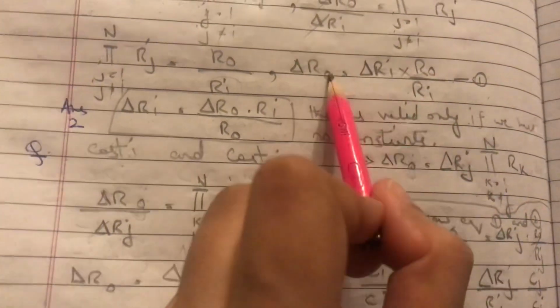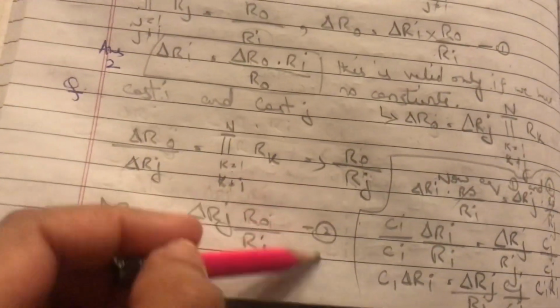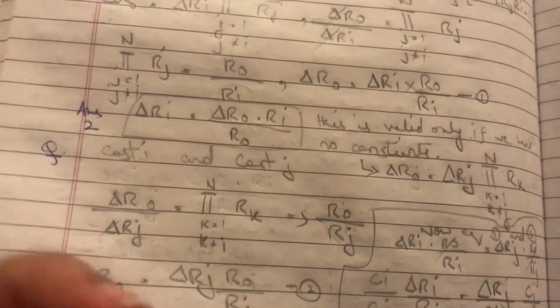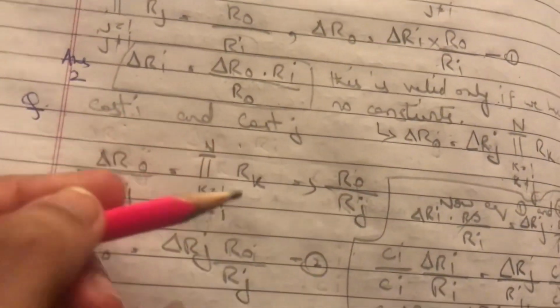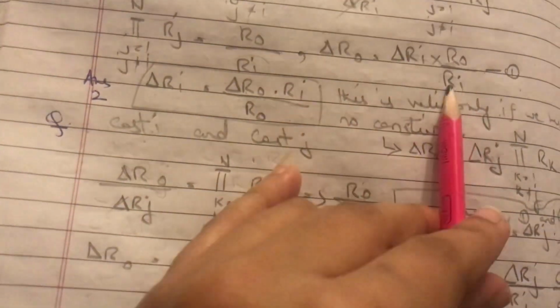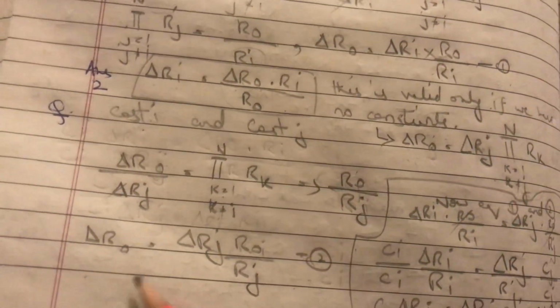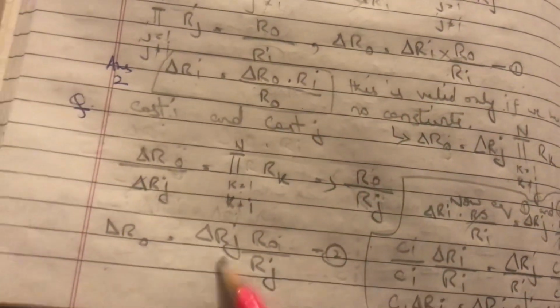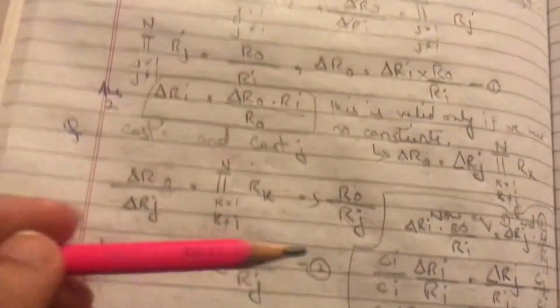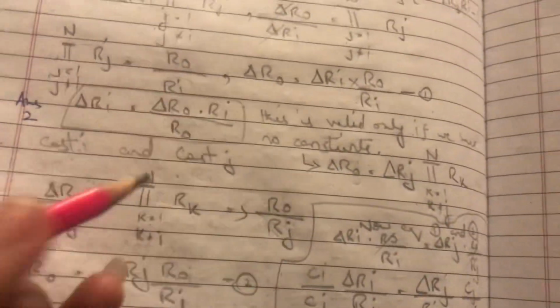Why we are naming it, I'll let you know after explaining. Now we are going to compare both of these, because for delta R0 we have got two equations for the same thing. So we are going to compare just to see what result we get by comparing both of them.